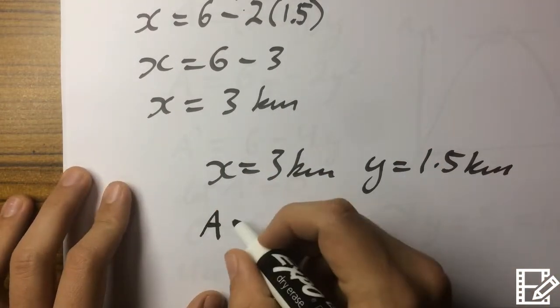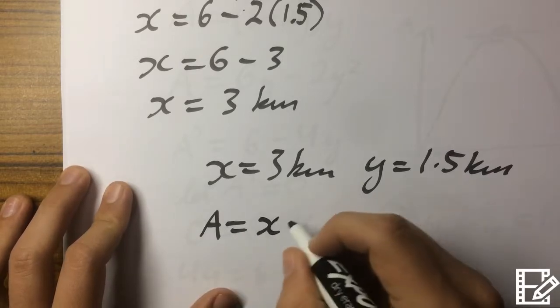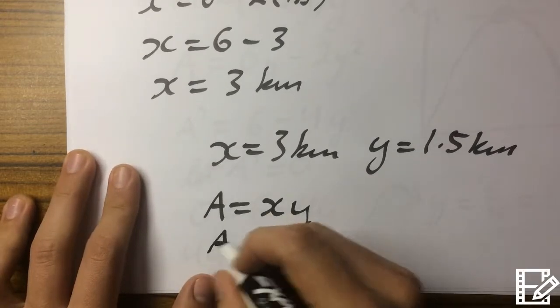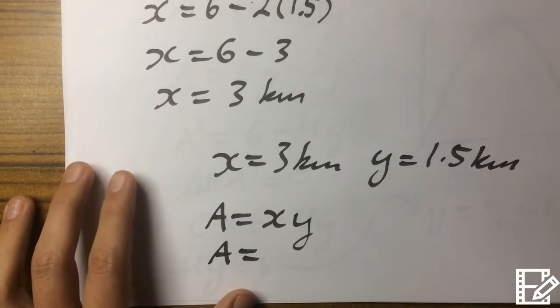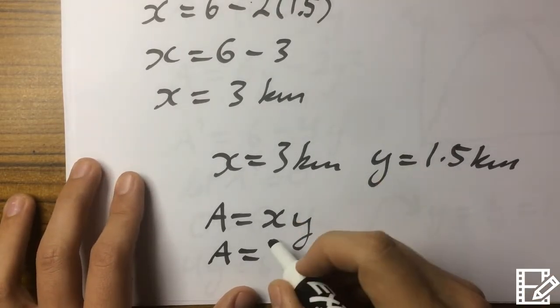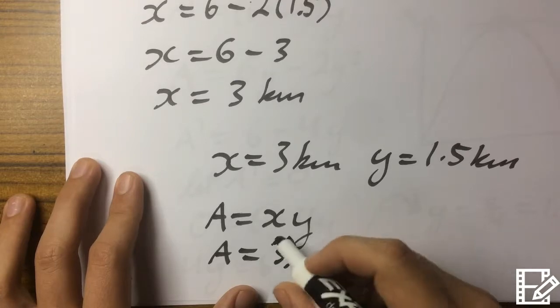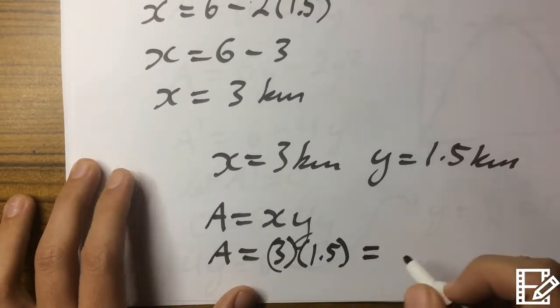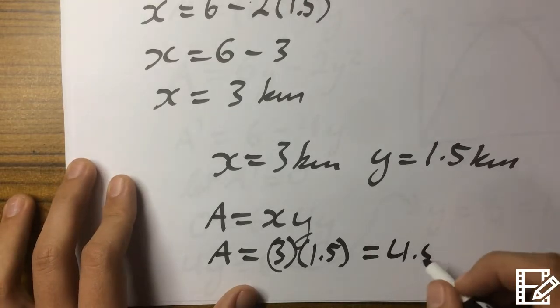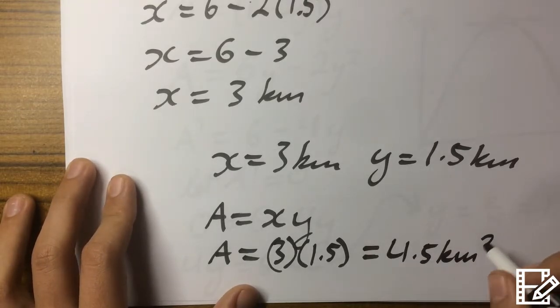So just to sum it up, the area equals x multiplied by y. Area equals 3 multiplied by 1.5, which equals 4.5 kilometers squared.